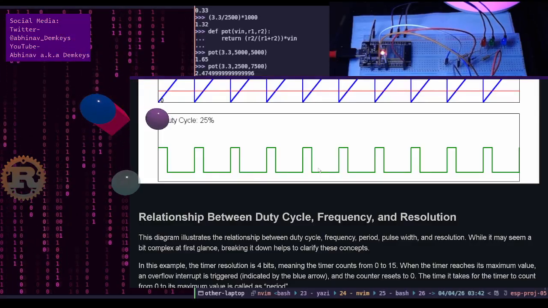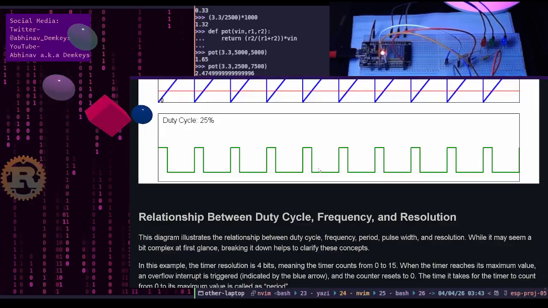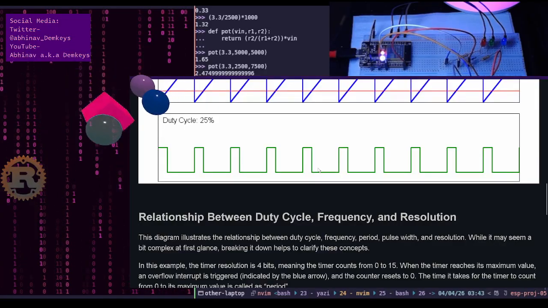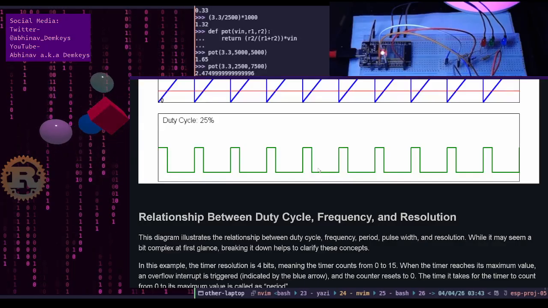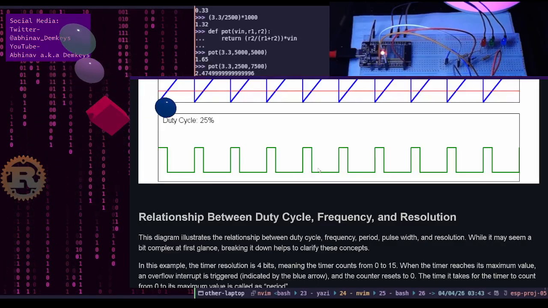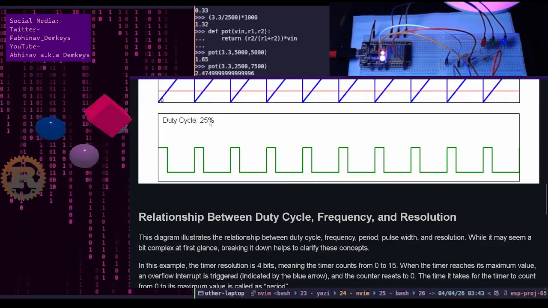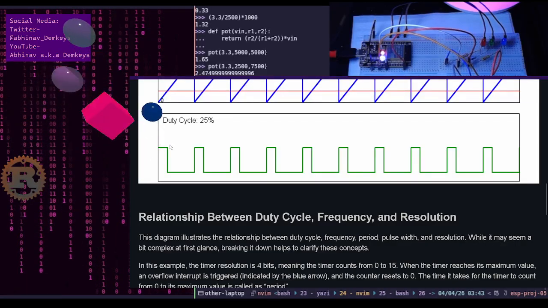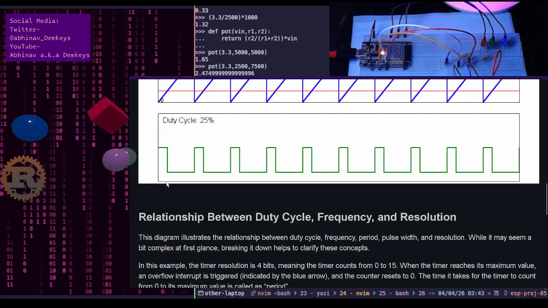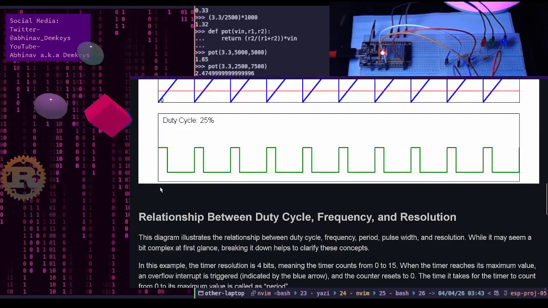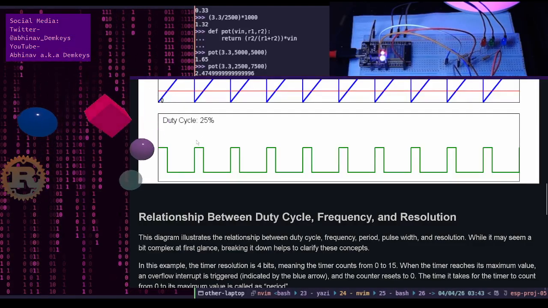Okay, the duty cycle is the percentage of that period that the signal remains on. So when we say our duty cycle is 25%, we mean that for 25% of the period, the signal is going to remain on.